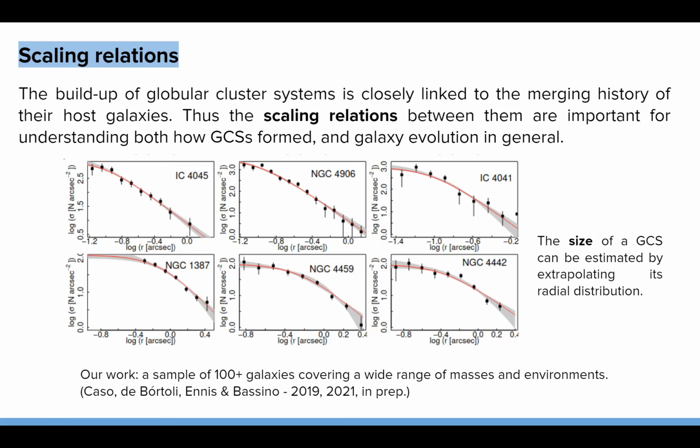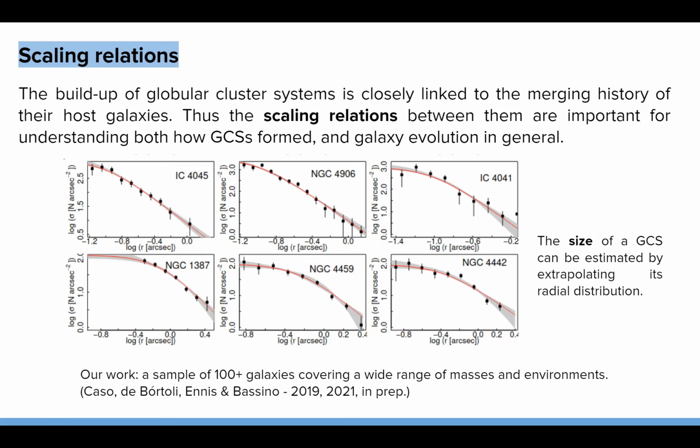And one of the main things that we look into when we look at scaling relations is the size of a globular cluster system. To get the size, we get a radial distribution. We see how many clusters we have per radial bin, and we extrapolate it, and that gives us the total extension of the system.